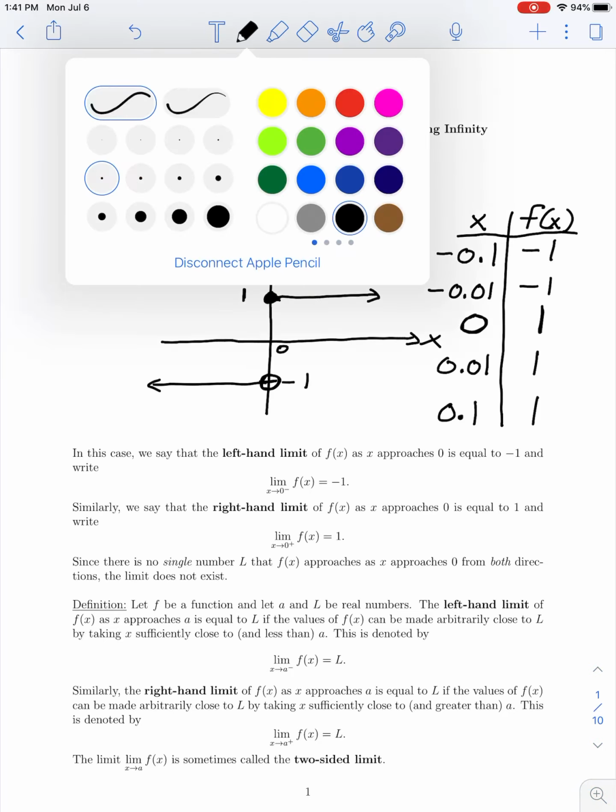So this is denoted as the limit as x approaches a from the right, so the little plus denotes a right-hand limit of f of x is equal to L. And in the case that we're talking about a limit of a function as we approach a number from both the right and left-hand sides, we would use the same notation for a limit that we saw in section 11.1. And to distinguish that limit, we would sometimes call this the two-sided limit of our function.